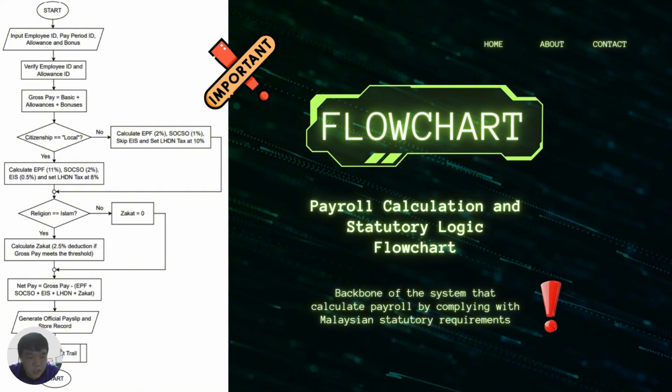Then it calculates the gross pay, and asks if the citizen is local or foreign. Each option conducts a different calculation path. If the religion is Islam, it calculates the zakat; if not, the zakat will be zero. Finally, you calculate the net pay, and then it generates the official pay slip for the employee to see.